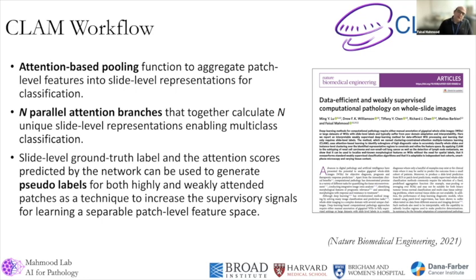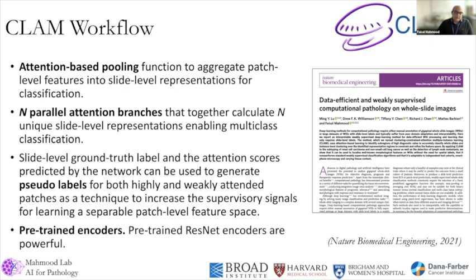We use something called pseudo labels. This allows us to enhance data efficiency. And we also use pre-trained encoders, which means that we use AI models trained on real-world images and use the first few layers of those models, and we're able to extract features from them to get representations of pathology images.